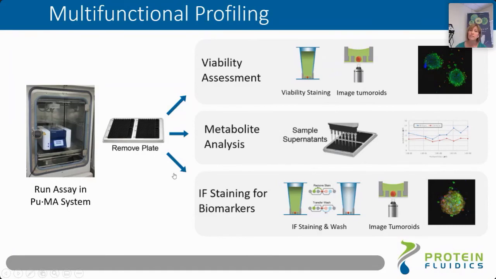Then on exactly the same sample, we collected sample supernatants to process them for downstream metabolite analysis, as well as we've done immunofluorescence staining to detect specific markers and again do image quantification and analysis.